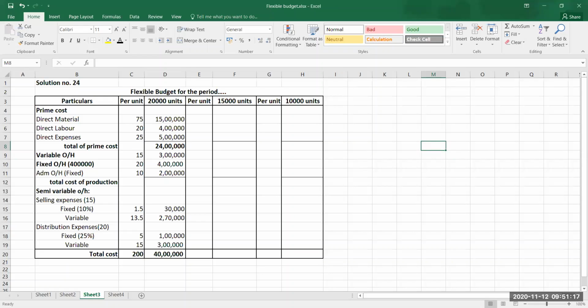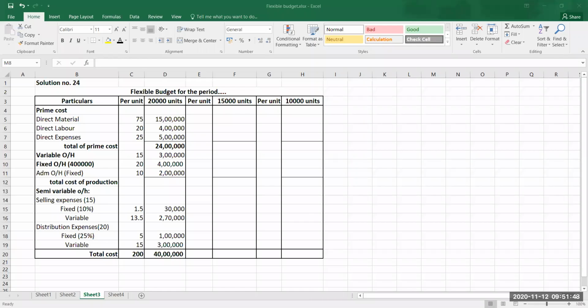Okay, I will show you that PPT just to recollect the concept. In that I had explained to you that the cost per unit will be same for the variable expenses, but the cost per unit for the fixed expenses won't be same. It will differ, it will vary. So just recollect that particular concept.